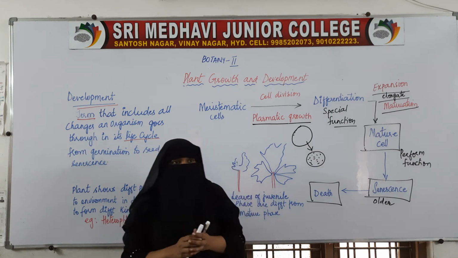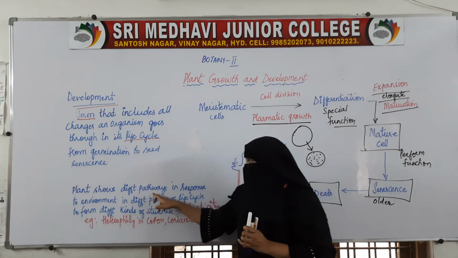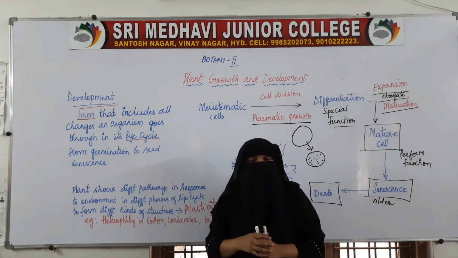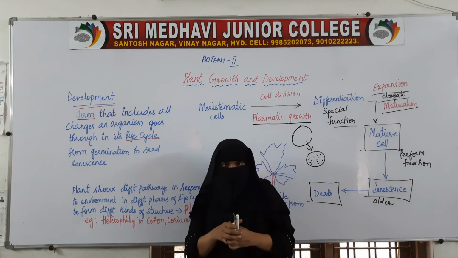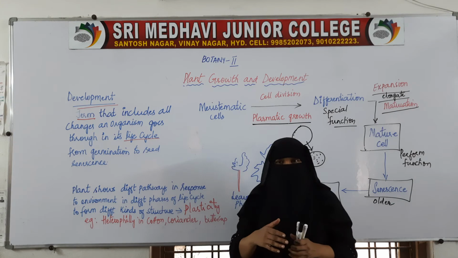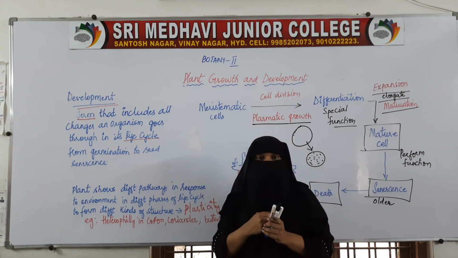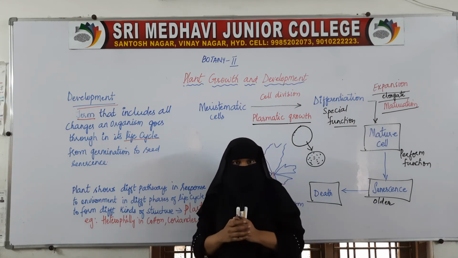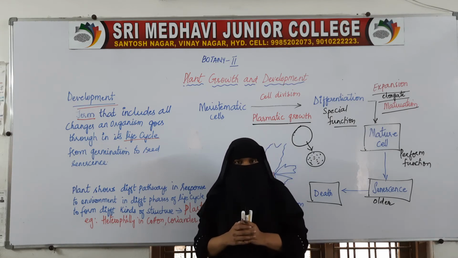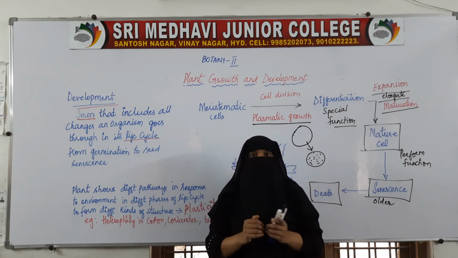Certain plants show different pathways in response to environmental conditions. That is, they show different types of growth according to the environmental conditions in different phases of their life. In different phases of their life, certain plants show different structures.